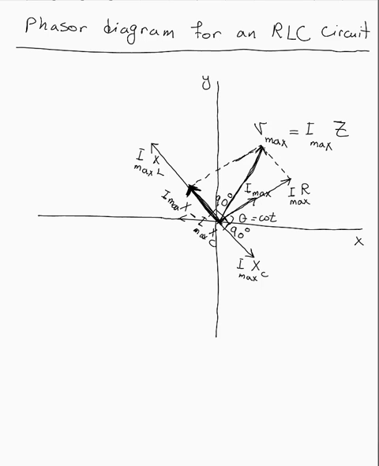Now, the angle between the maximum voltage and the maximum current is something that we call phi. So this is my phi here.